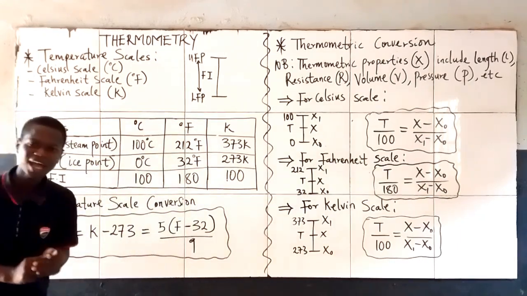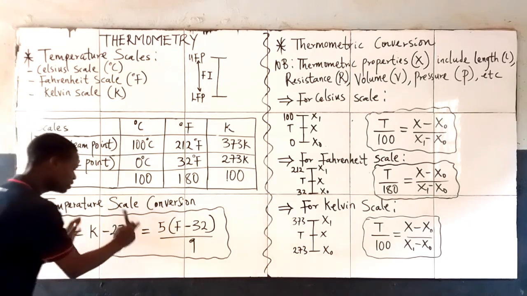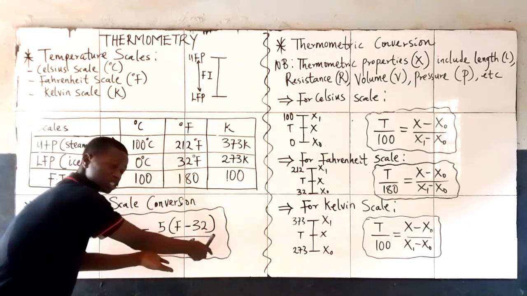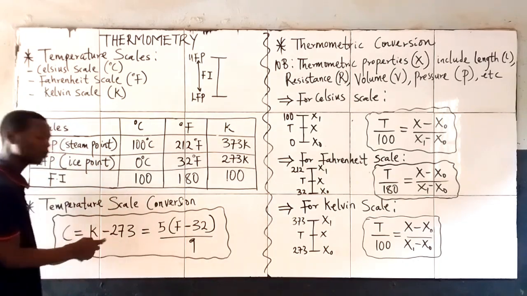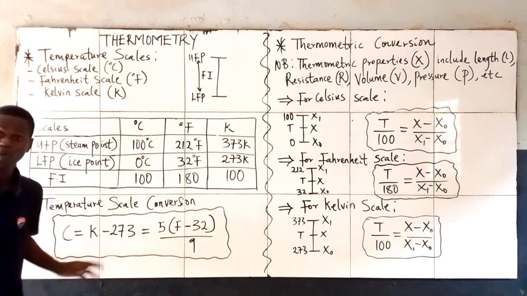So if I was asked to convert from Kelvin to Fahrenheit, I'll be joining this with this. So I'll just pick this and equate it with this. If the value was given for the Fahrenheit, I'll put it here. Then using my normal mathematical manipulation, I'll get the value for K.